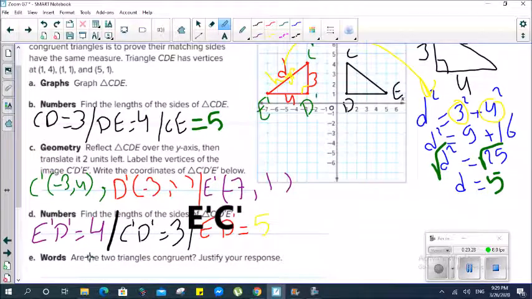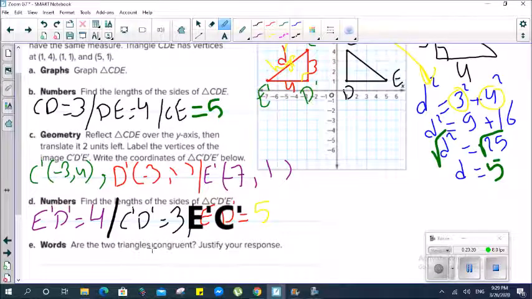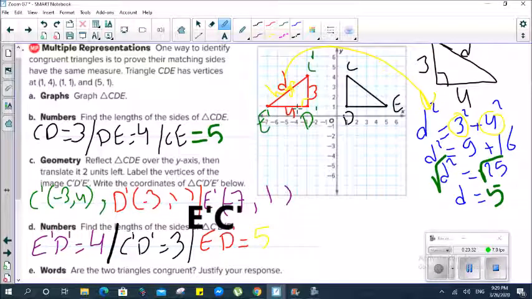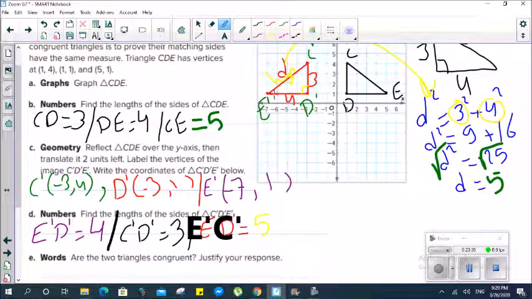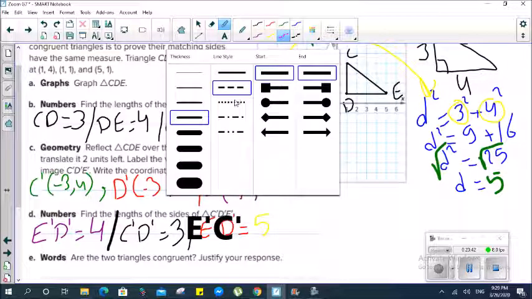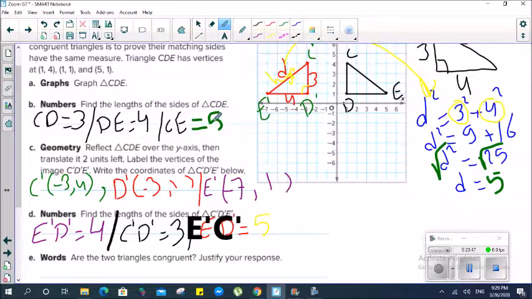Are the 2 triangles congruent? They are, yes. Why? Same shape, triangle, triangle, right? Same size. 5 and 5.